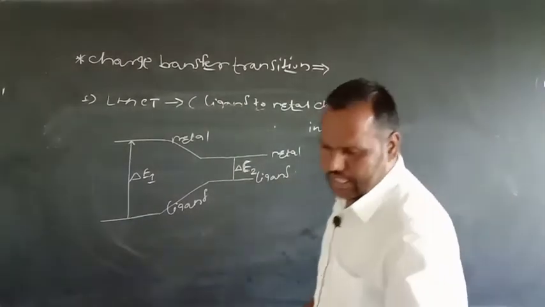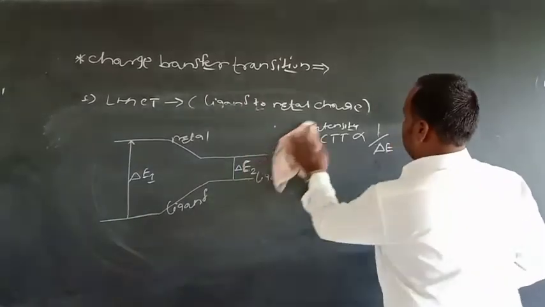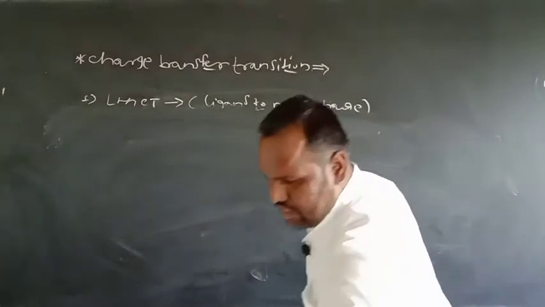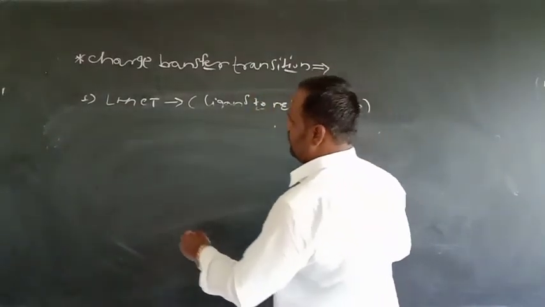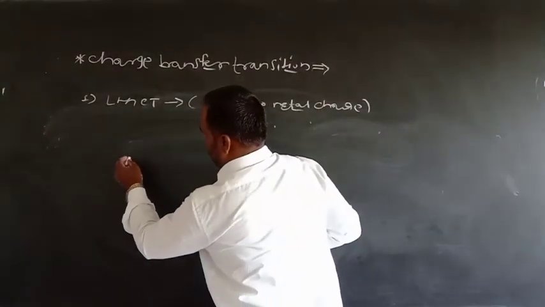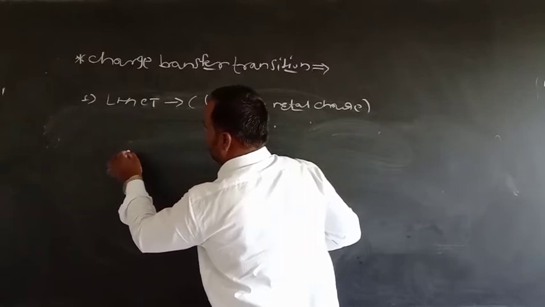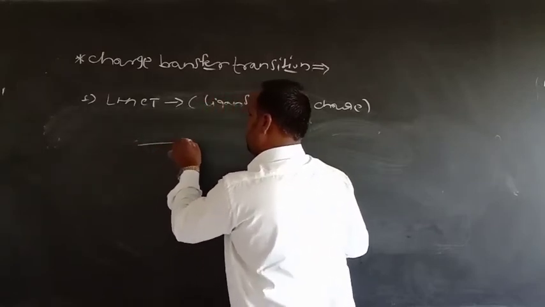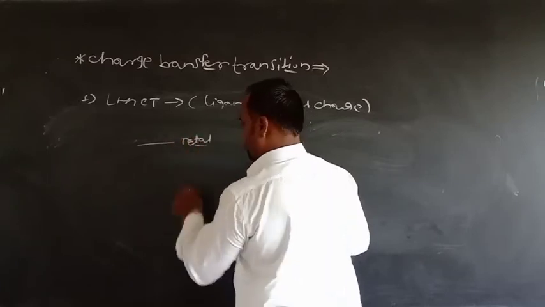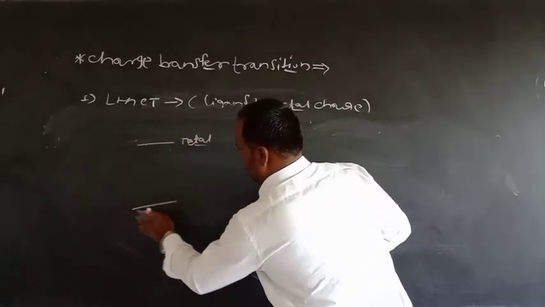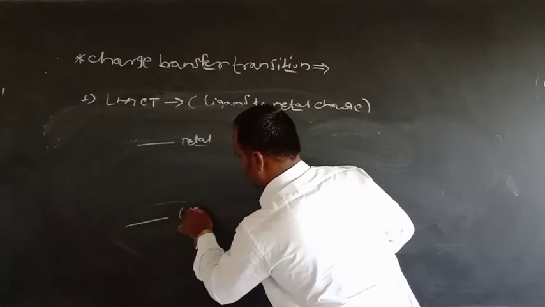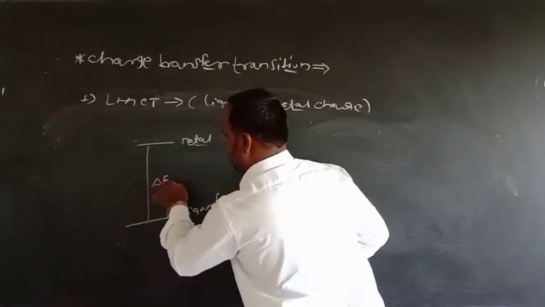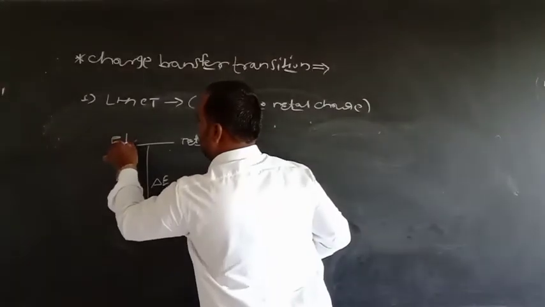So if we consider a metal atom and the energy difference, this is the metal orbital, this is a ligand orbital, then the energy difference, delta E, this is for 5d.